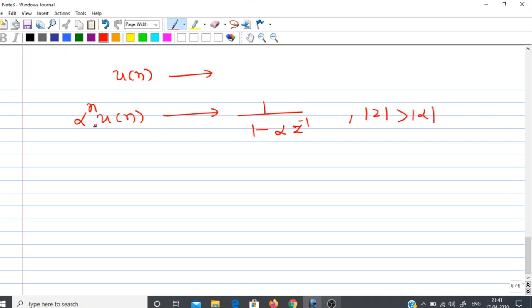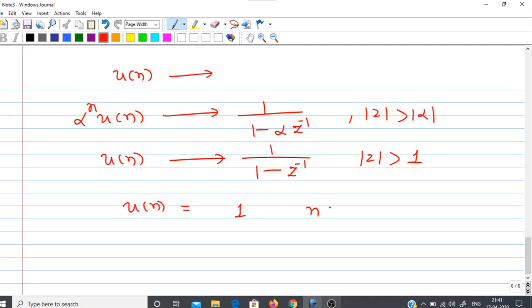Now, if I take alpha as 1, then this becomes u(n), and its Z transform is 1 upon 1 minus z inverse, mod z greater than 1. We know the Z transform of the unit step sequence. And the unit step sequence, how did we define it? It was 1 for n greater than or equal to 0, and 0 for n negative.